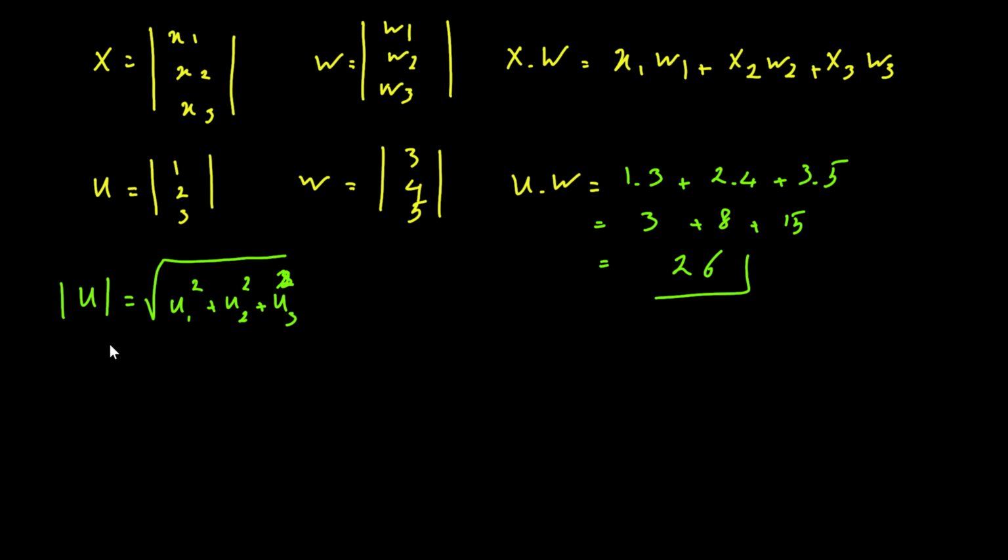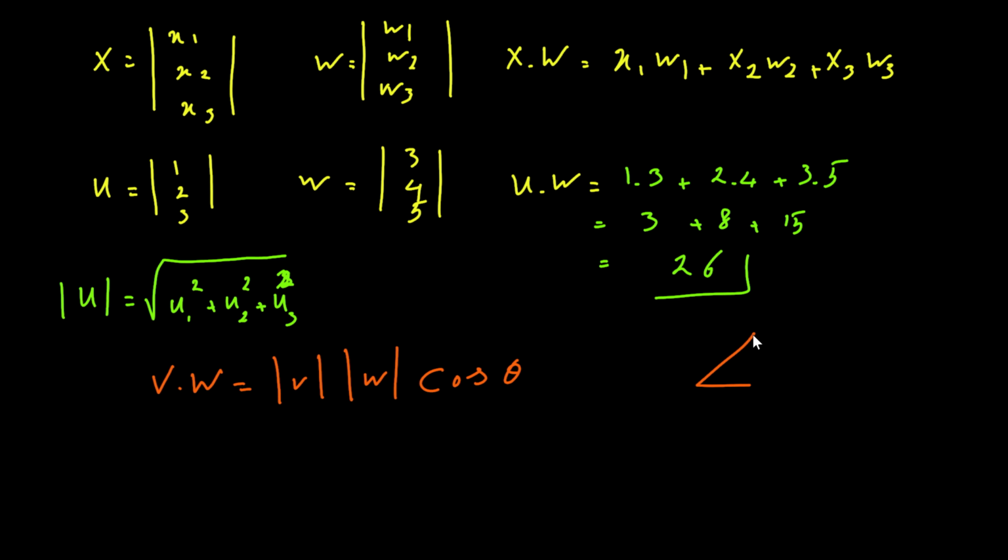Now that we mentioned the length of the vector, there is another important formula that involves the magnitude and the angle of the two vectors. And that's as follows. If we have the vectors v and w, the dot product is equal to the magnitude of the vector v multiplied by the magnitude of the vector w multiplied by the cosine of the angle between them.